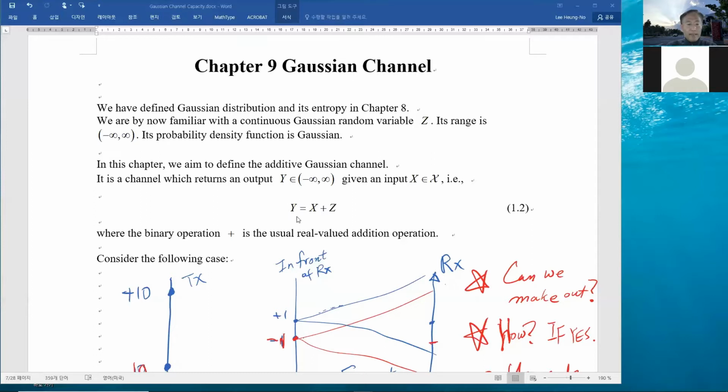So Y is the received symbol. So Y is the random variable for the output of the channel.